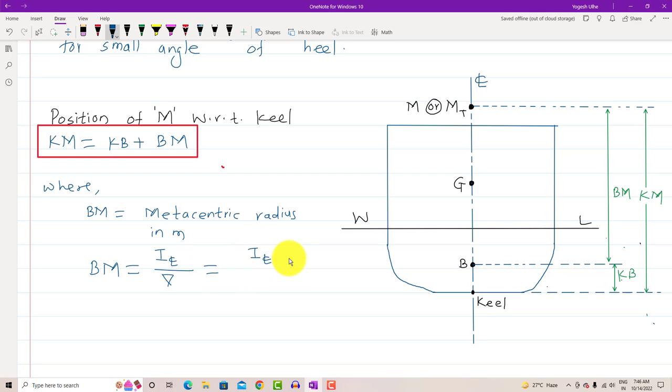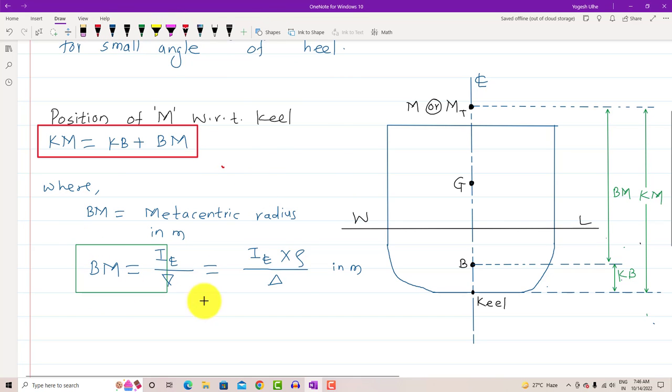You have to memorize this relation. Delta means displacement. And here we will get BM in meters, guys. I will explain the meaning of I center line, don't worry. But before that I will make this relation in a box, in red color.